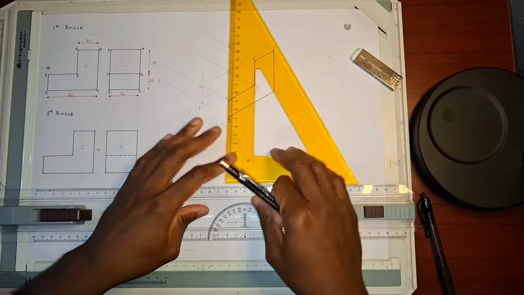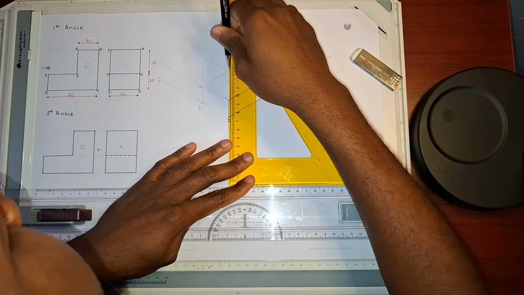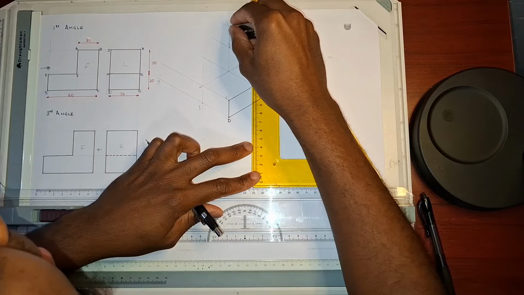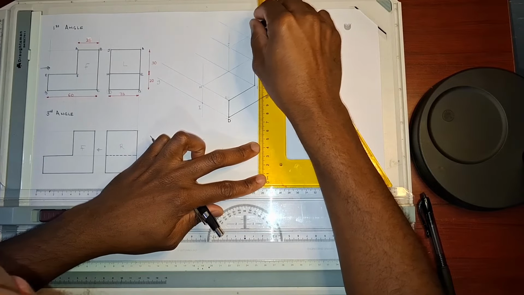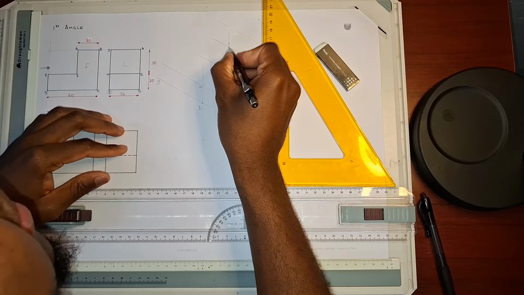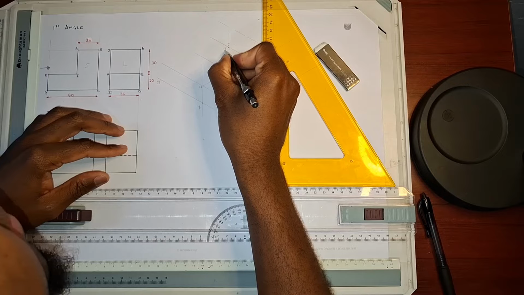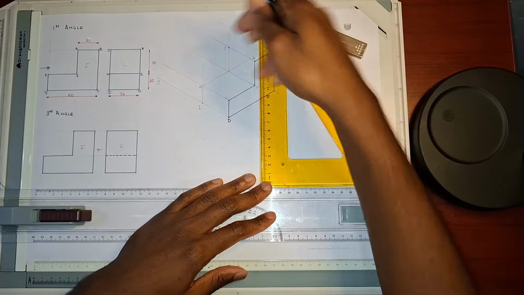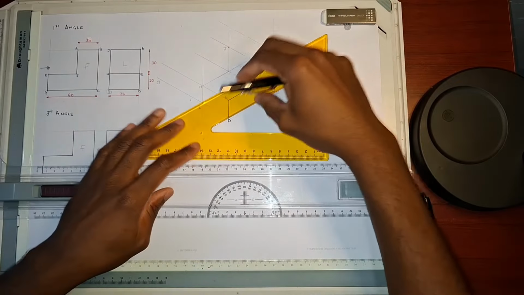So if I did measure well, this is what's supposed to happen. The point J is supposed to be here, if I measured correctly. But don't let that distract you from what's important.